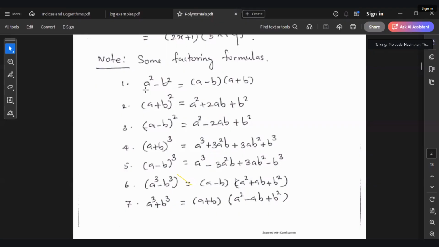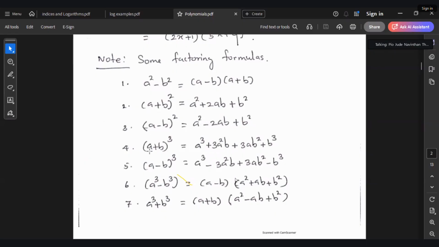A minus B, A plus B. So A plus B holding square is A square plus 2AB plus B square. A minus B holding square is A square minus 2AB plus B square. Just I am reading, right?